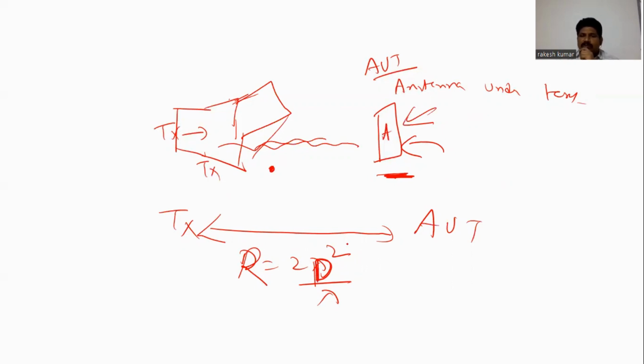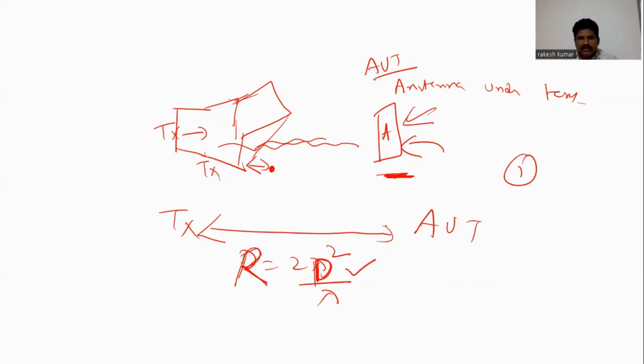This is the first condition you must remember while setting up an antenna measurement. It should be separated by a distance of R equal to 2D square by lambda.